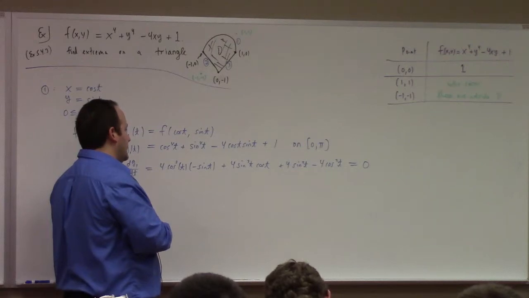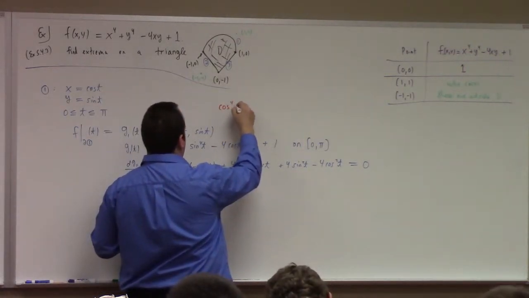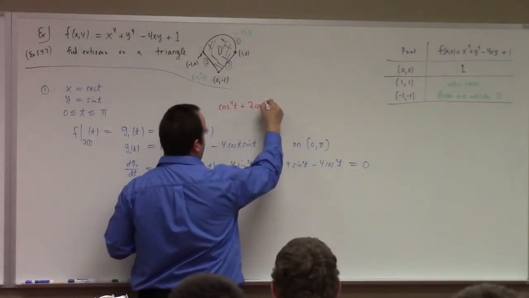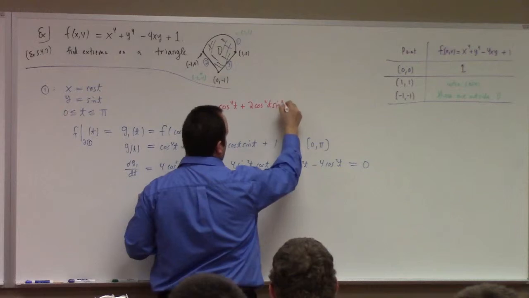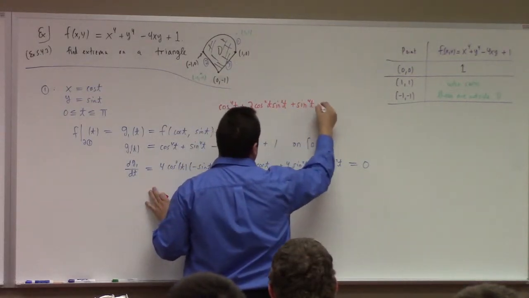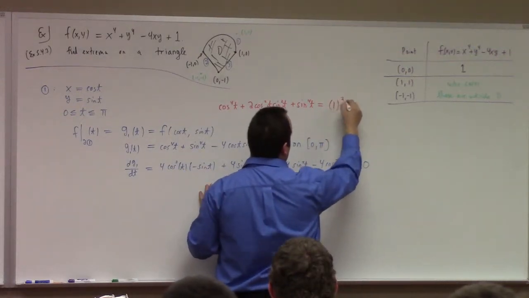Not an entirely crazy idea. If I was to take you up on that, I'm missing a 2 cosine squared t sine squared t that you want. I mean, I totally endorse your idea. It just, we're missing this term, right?